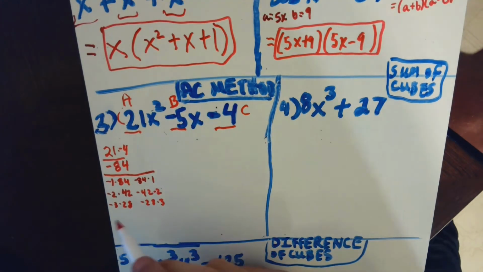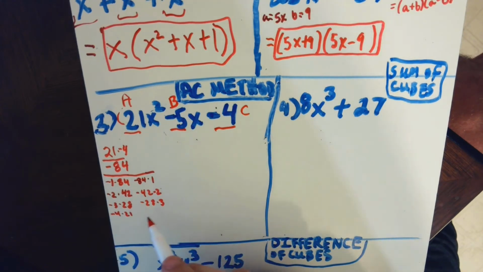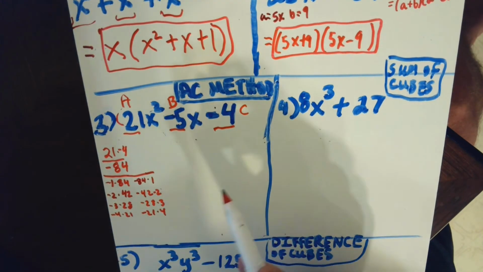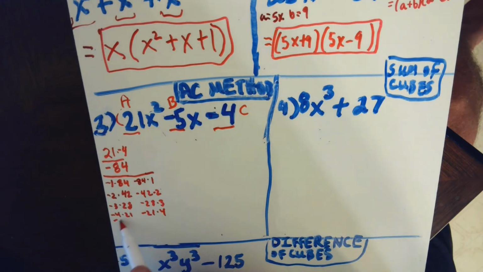We keep on going along. We have 4 times 21, so negative 4 times 21 and negative 21 times 4. We're still not to a sum of negative 5 yet, though. We got to keep going, just keep on chugging away. The next thing would be 6, so negative 6 times 14 and negative 14 times 6.